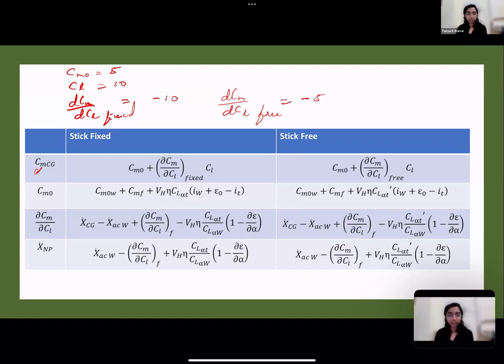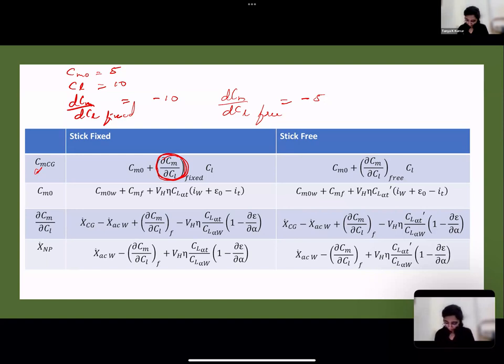Now just put in these values and tell me which CM will be more. Stick free, right? Because your dCM by dCL here is more negative. Okay, so stick free would be more, correct.